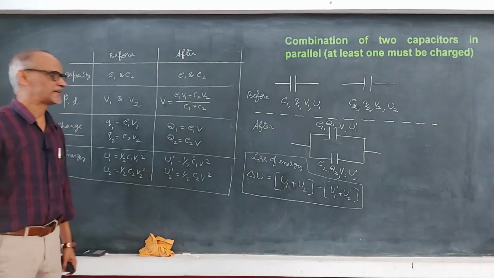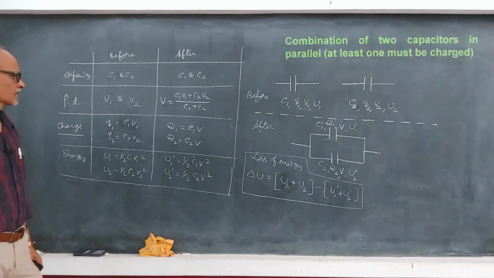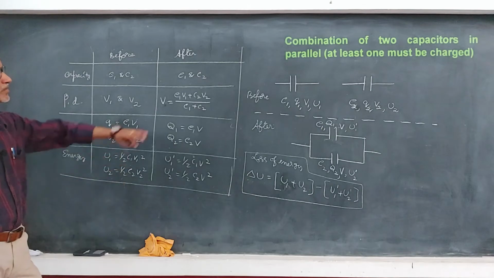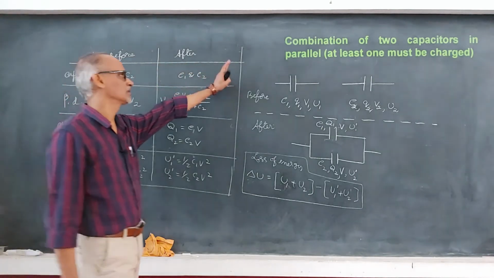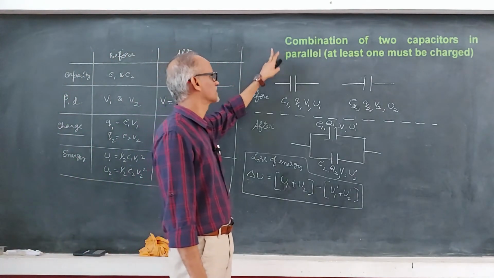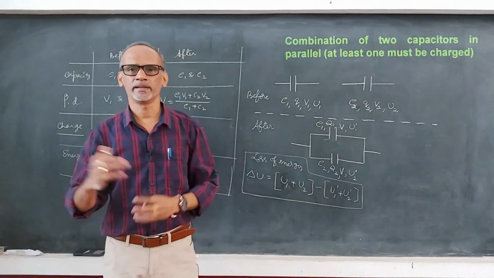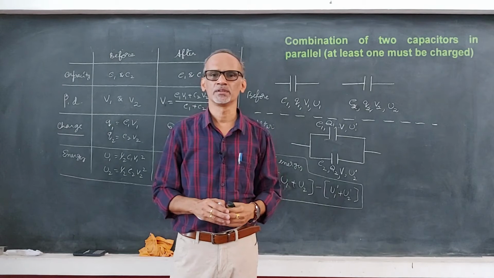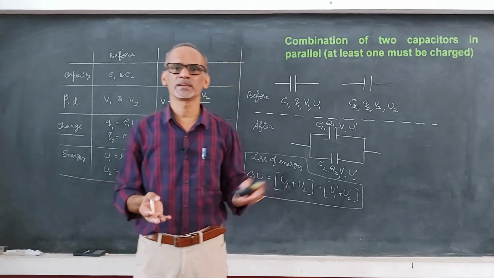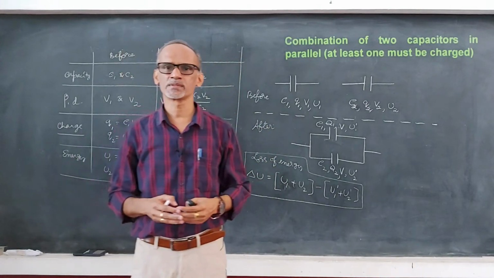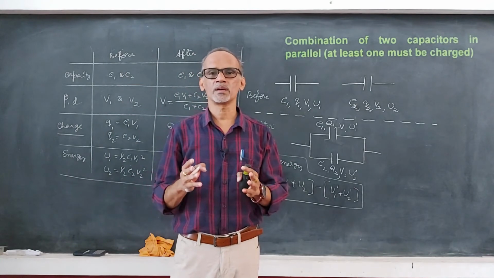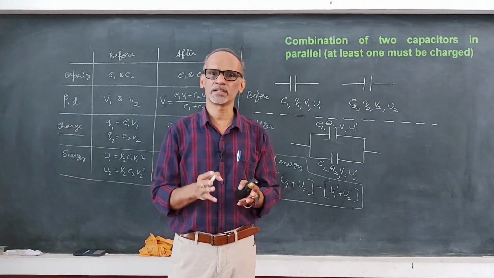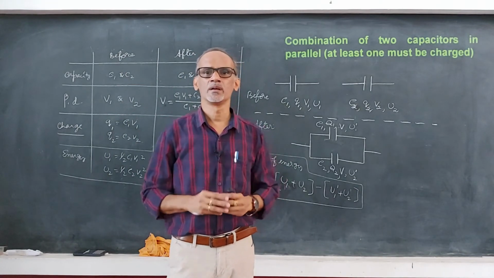So this is a completely different set of equations and can be used only under this condition. What is the condition? A combination of two capacitors connected in parallel, and when they are connected in parallel, at least one of the capacitors must be charged. If both are uncharged, then all these equations are of no use. If both are charged, then it's fine, but out of the two, at least one must be charged.